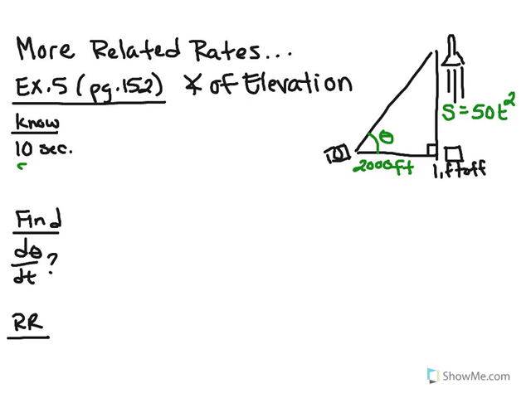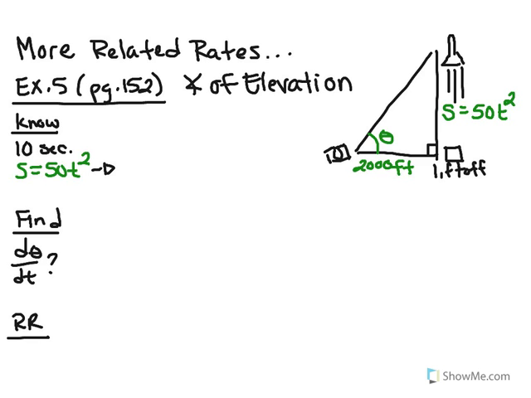That's very helpful information. I forgot that it was even there below the picture, but we're not going to be able to get very far without it. So in order to find what S is, and we know that this is 10 seconds, I'm just going to substitute 10 in for t.